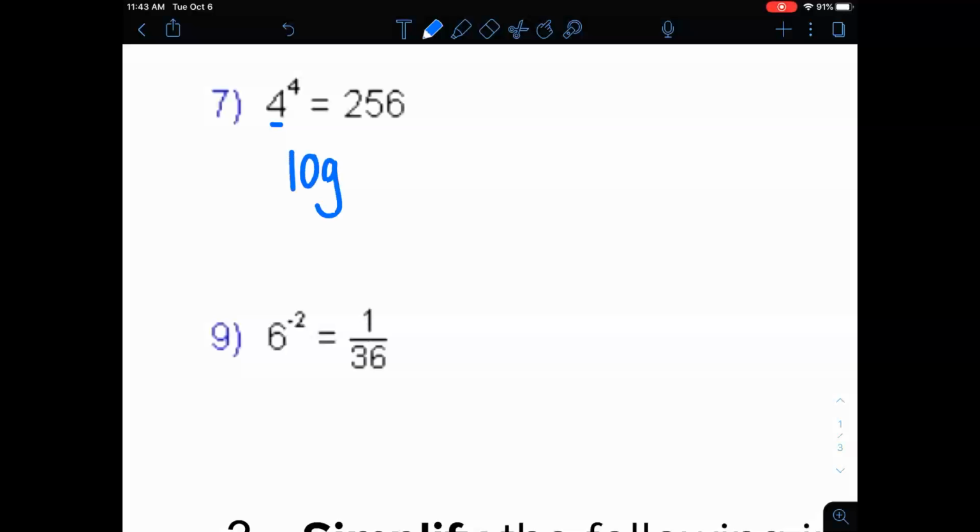So what this turns into is log, my base stays the same, but now my answer becomes my argument and my exponent becomes my answer. And again, I'm just asking for this expression, so we are done.